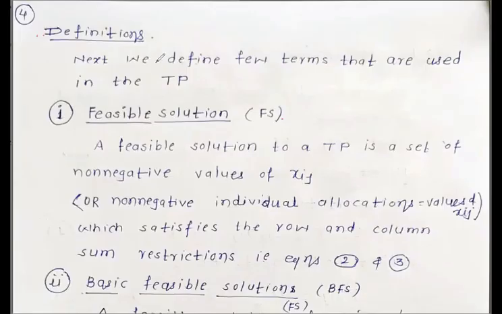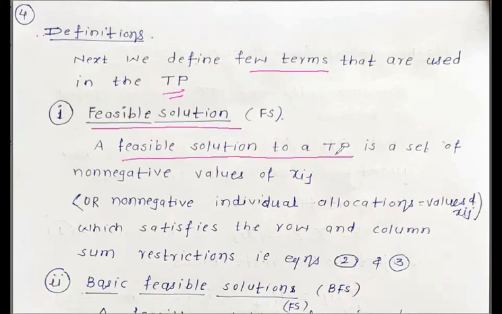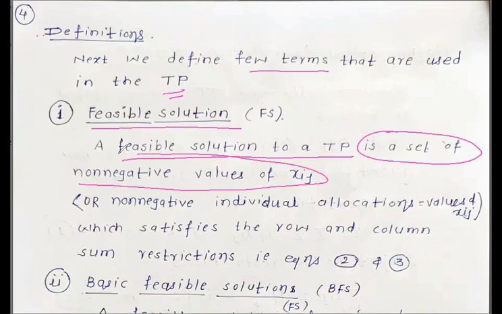Now let us study some terminology used in the transportation problem. So we define a few terms that are used in the transportation problem. Feasible solution. A feasible solution to a transportation problem is a set of non-negative values of xij. What is xij?